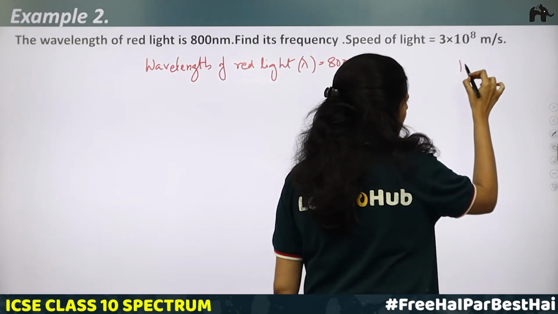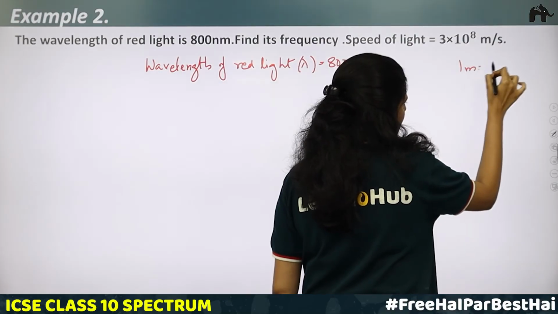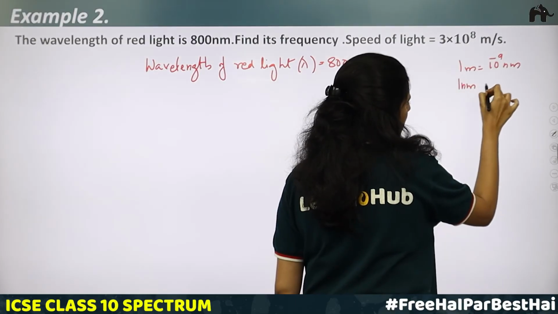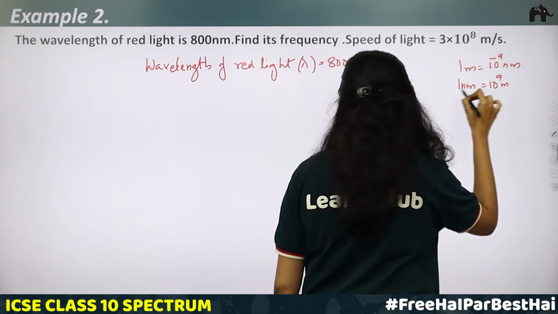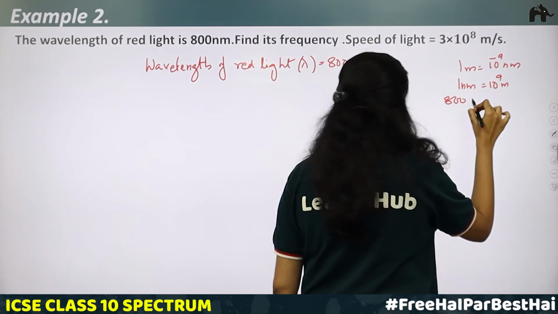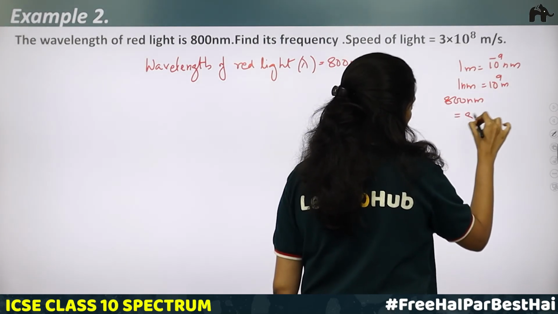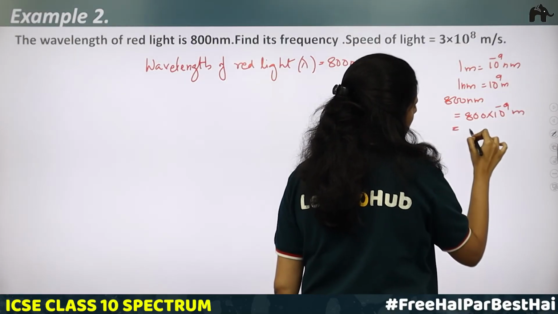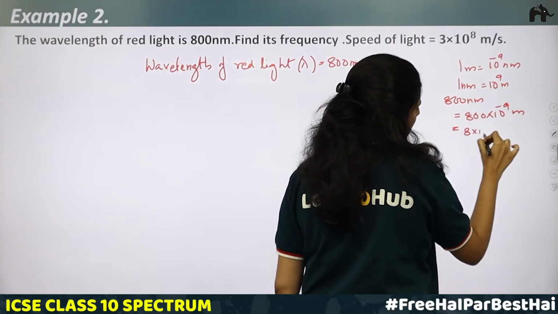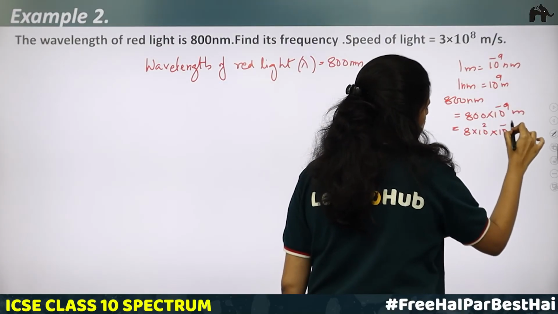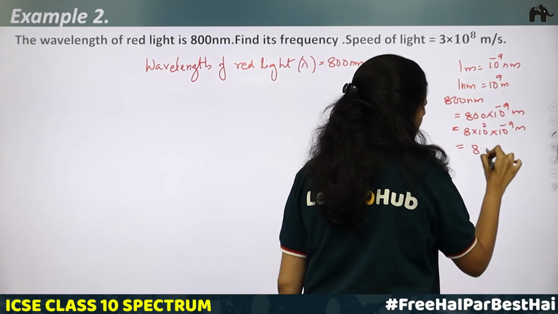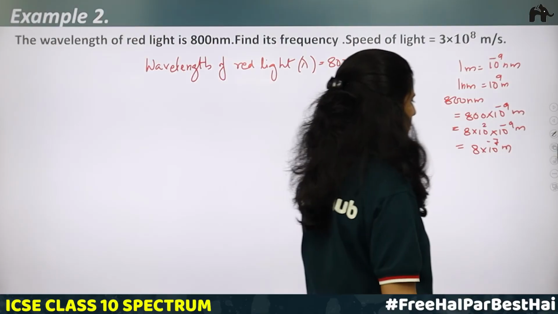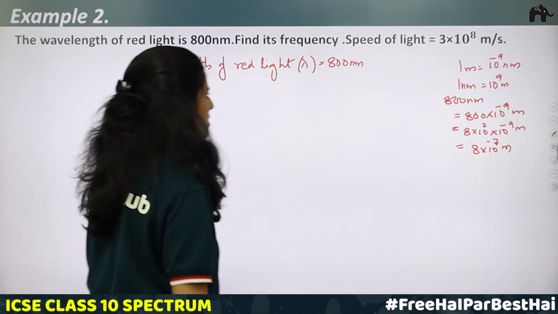We know 1 nanometer is equal to 10 raised to minus 9 meters. Here we have 800 nanometers is equal to 800 into 10 raised to minus 9 meters, or 800 is 8 into 10 raised to 2, into 10 raised to minus 9 meter, or 8 into 10 raised to minus 7 meters.